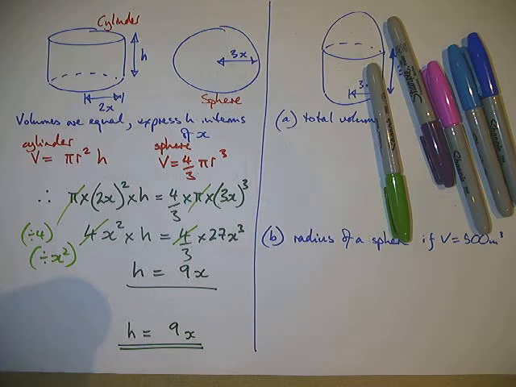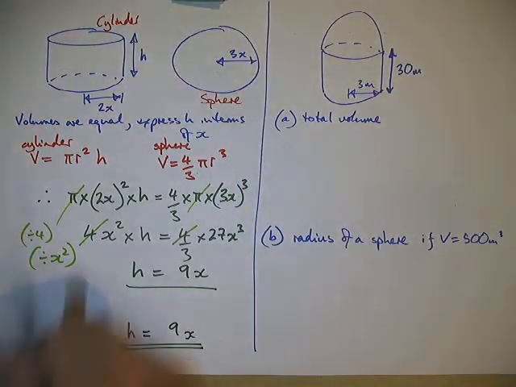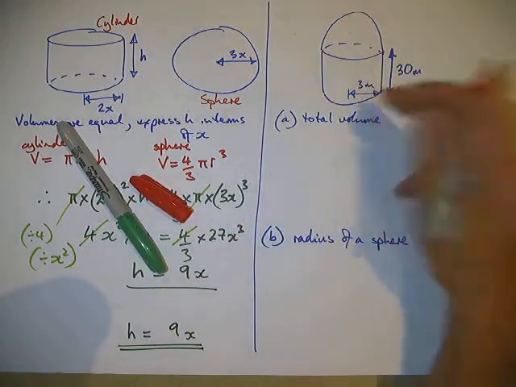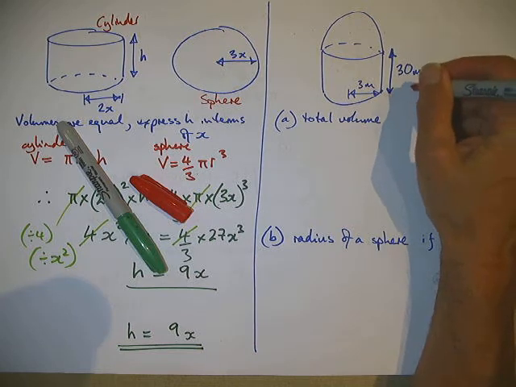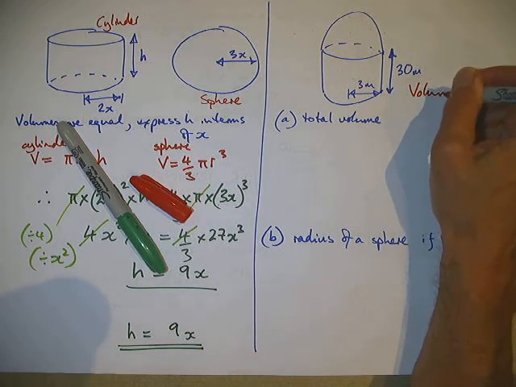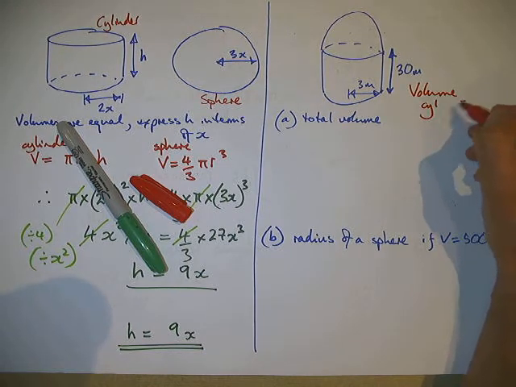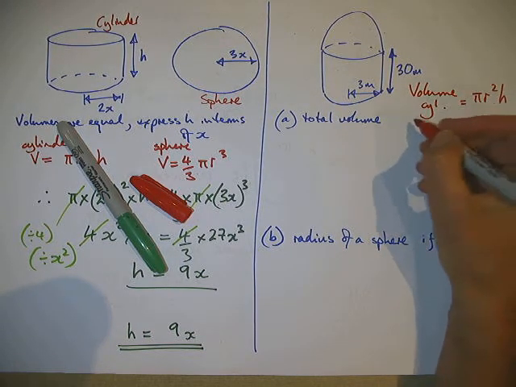And then we've got this one. They just wanted the total volume of this shape, which is a cylinder. Volume of the cylinder is cross-sectional area times height.